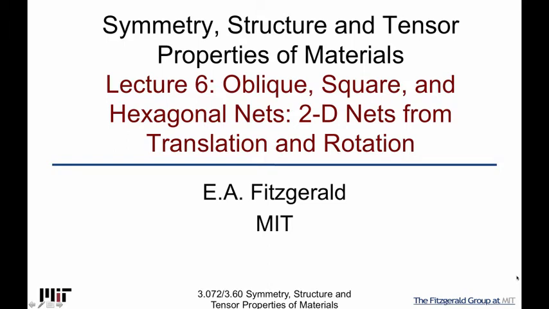And what we're going to find out, of course, is that we'll have a normal oblique, we'll have a square, and then we'll have hexagonal nets from the combinations that we're going to talk about in the following slides.